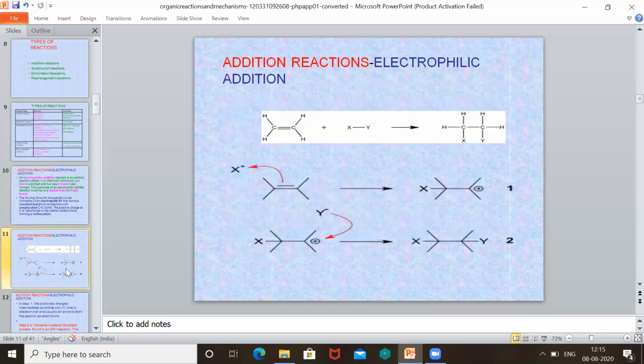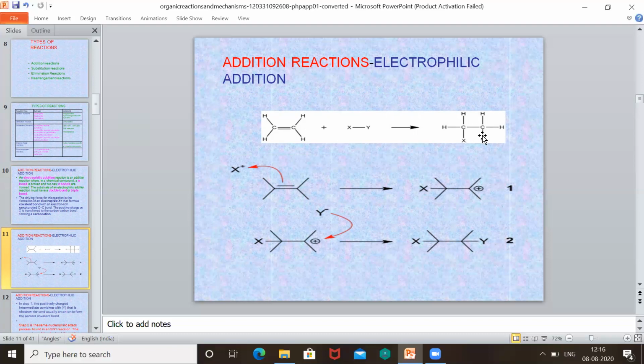If you want to see this, this is an alkene, ethylene. It is attacked by a positive ion, that is, XY is attacking. First XY breaks into X plus and Y minus. You see here this pi bond breaks into 2 sigma bonds.